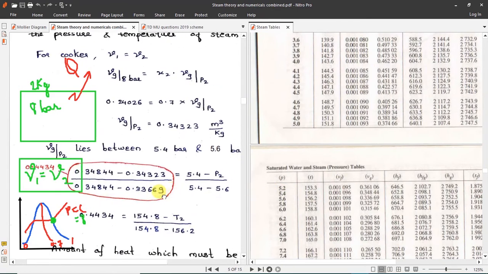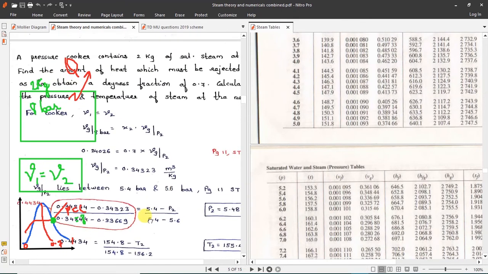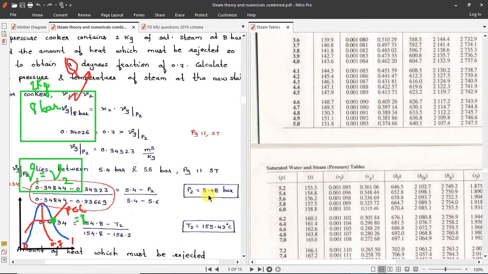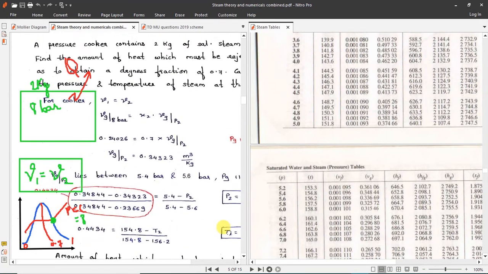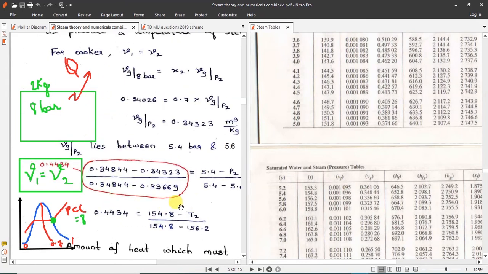So from here the only unknown is what? Pressure. Okay, so I can calculate the pressure. Pressure is 5.48 bar.